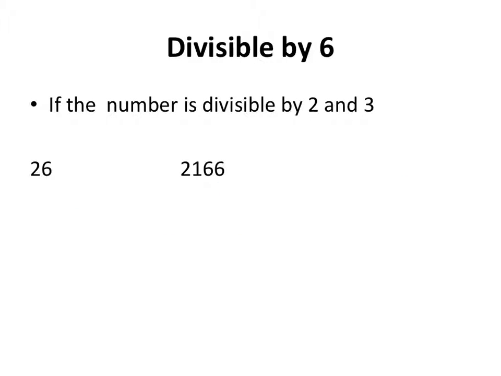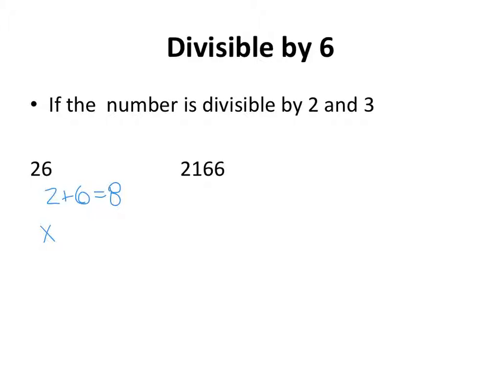A number is divisible by 6 if it is divisible by 2, so it's even, and it's divisible by 3. Well, 26 is even, so let's add up those digits. 2 added to 6 is 8. 8 is not a multiple of 3, so 26 is not a multiple of 3, and it can't be a multiple of 6 either.